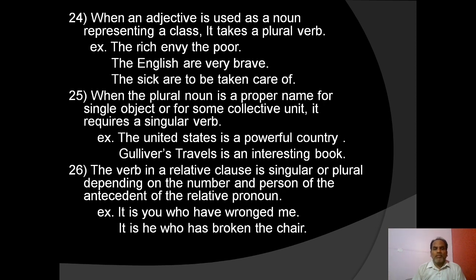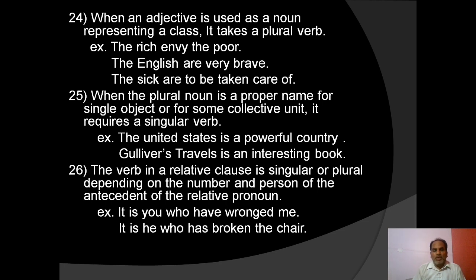Then let us discuss another one. The verb in a relative clause is singular or plural depending on the number and person of the antecedent of the relative pronoun. It is you who have wronged me. Here, what is the verb? Have.